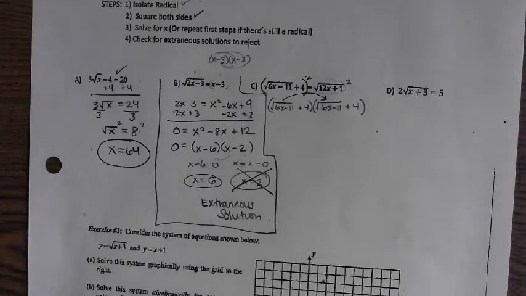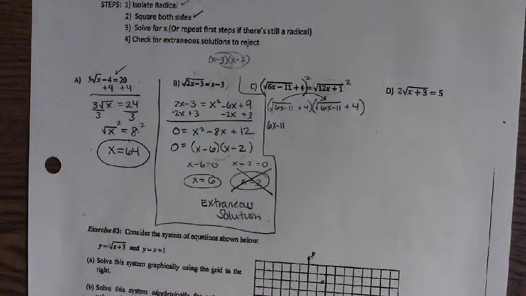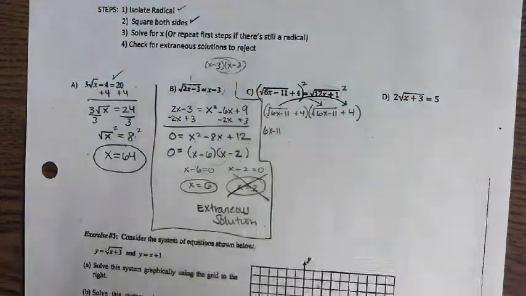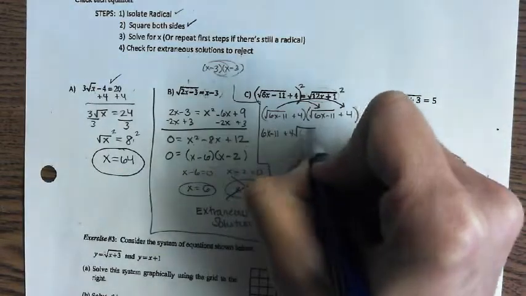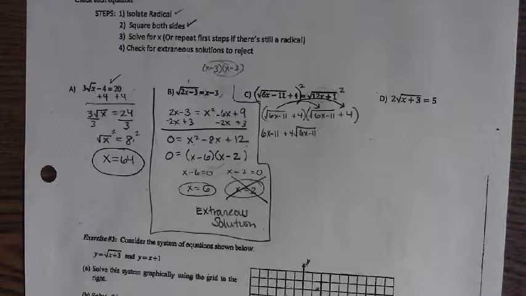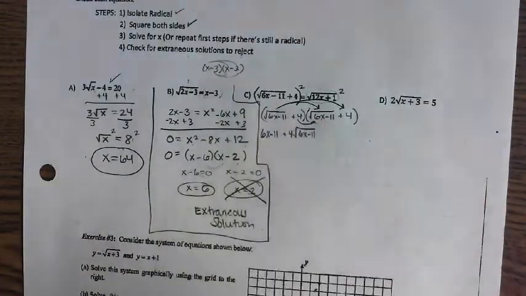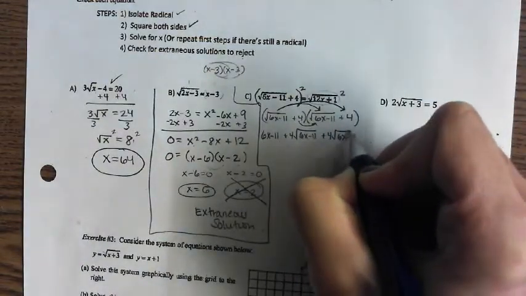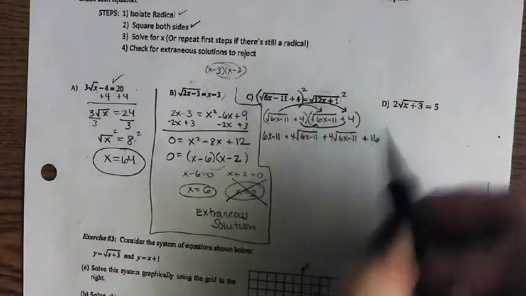Here's where it's going to get a little bit tricky. 4 times root 6x minus 11 is just 4 root 6x minus 11. And then when I continue my foiling, I have another 4 times root 6x minus 11, so I add 4 more root 6x minus 11. And then 4 times 4 is 16.